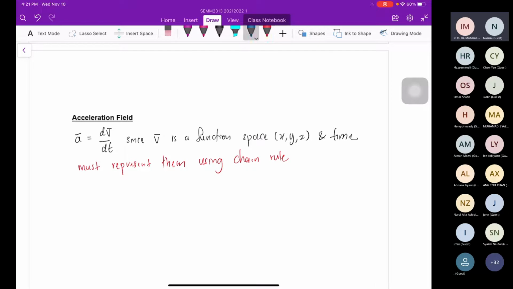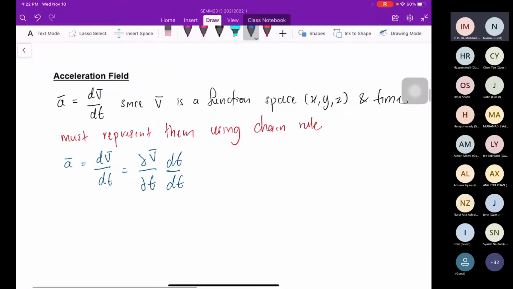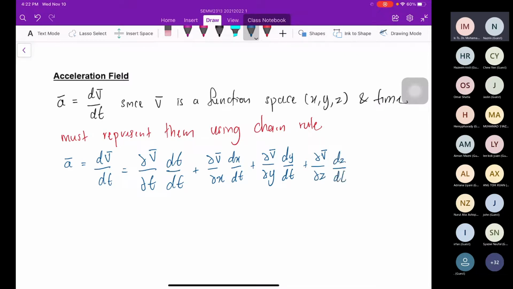So let's say the average dV over dt equals the partial derivative of V, the same thing that we derived before using Q, dt over dt, plus partial derivative of V over x, dx over dt, plus partial derivative of V average over y, dy over dt, plus partial derivative of V average over z, dz over dt.